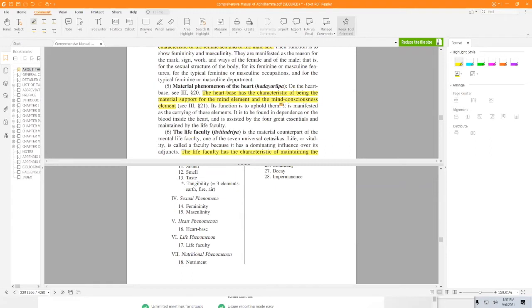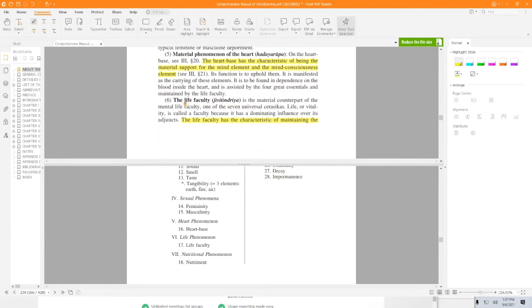That is, for all of the cittas except for the sensory cittas, the eye, ear, nose, tongue, and body consciousness. All of the other types of cittas arise on the basis of the heart base. It's said to be found in dependence on the blood inside the heart, and it's maintained by the life faculty.